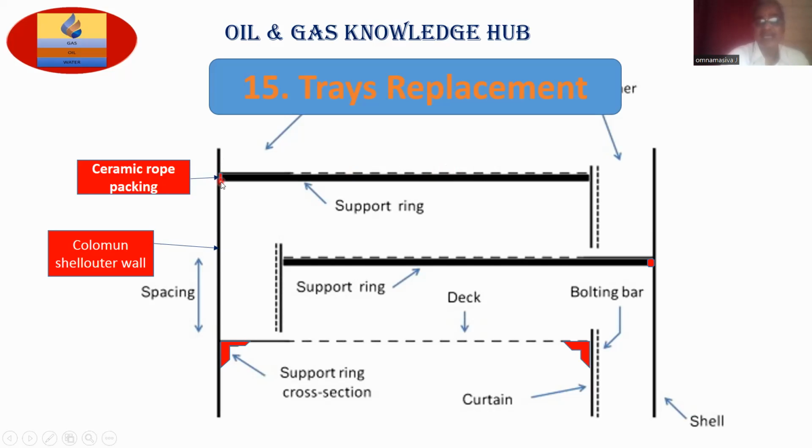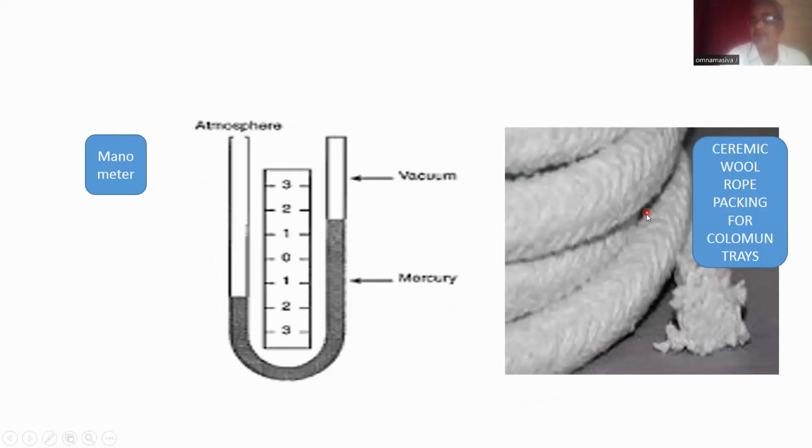Between these two, a ceramic rope packing will be inserted around the shell wall. Why? It has high temperature resistance, and it will restrict the thermal expansion of the metals. Is it clear? Now you see, this is one type of ceramic pack.